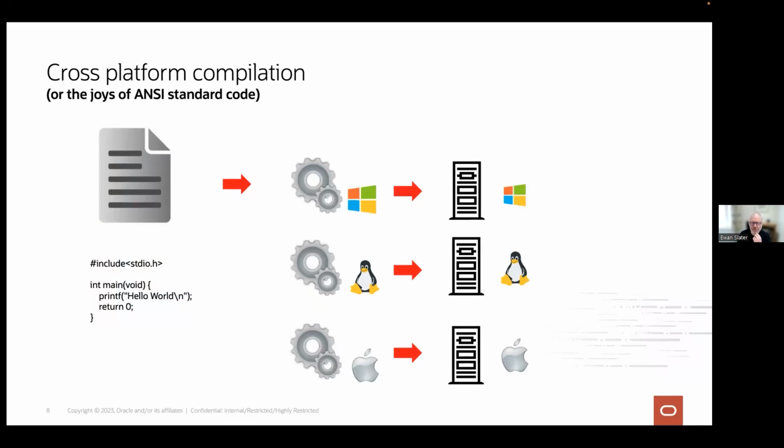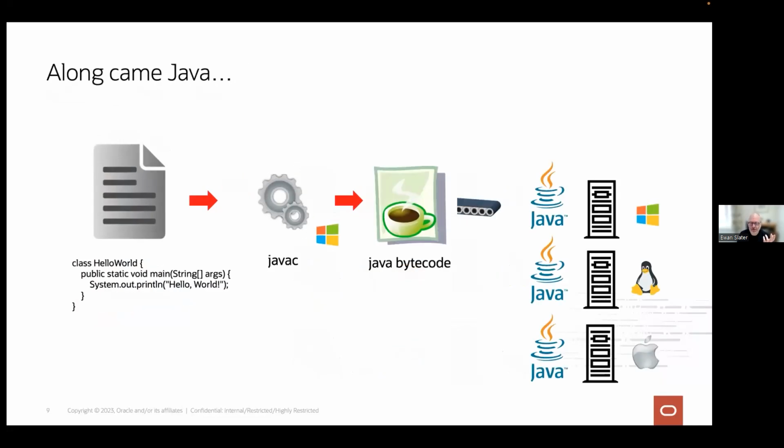And it was enough of a pain point for all of us that Java came along, and we all thought this was brilliant, because now, instead of writing our code and having to compile it on each separate platform, you would run javac, you would compile your Java code, it would compile to bytecode, and then it would go and run on a Java virtual machine on any of your platforms.